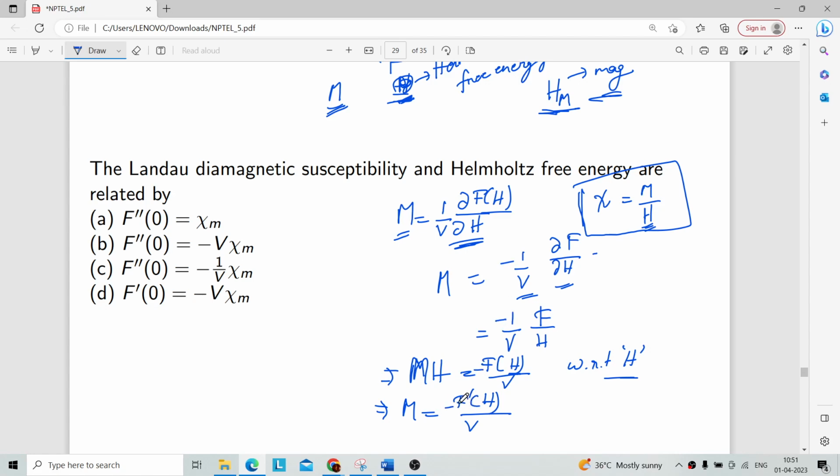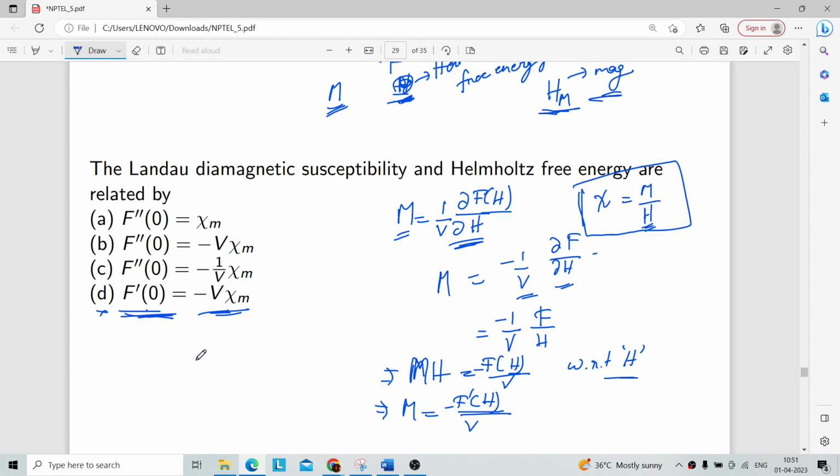When we check the options, we don't have F prime H, we have F prime 0, at zero applied magnetic field. So this is not the option, so we need to expand this F prime H.